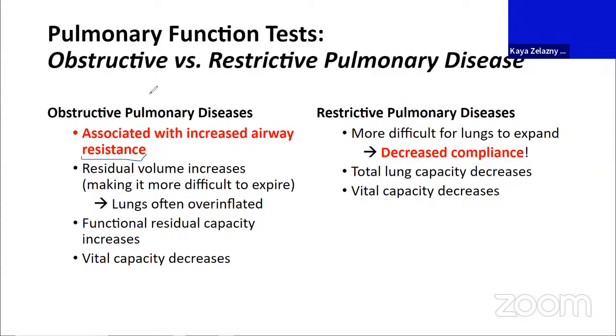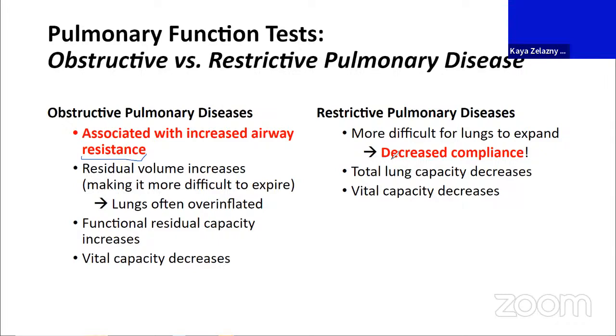It's making it harder to breathe because you're not able to move that air as quickly as you should. And so functionally, what we're going to end up seeing is that the residual volume, the amount that's left in your lungs that you can't move, is going to be increasing because that resistance is increasing. It's physically harder to move stuff. So we might end up with lungs that get overinflated.